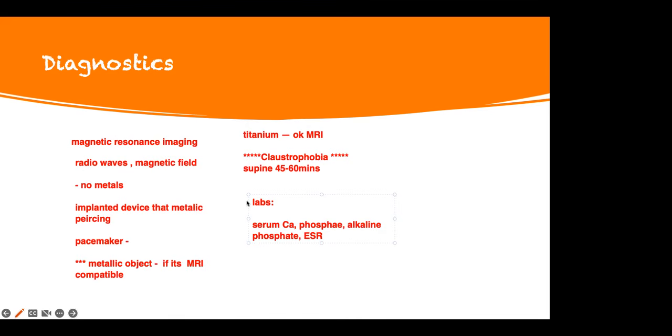This indicates infection, and CRP, infection. If it's just a muscle problem, creatinine kinase, so that if they give this to you in a patient who has rhabdo, you see that it will go up. So those are basic lab work that when you see it, it's just indicating that the patient has either a bone or a muscle issue that you're dealing with. So this is the beginning, diagnostics.